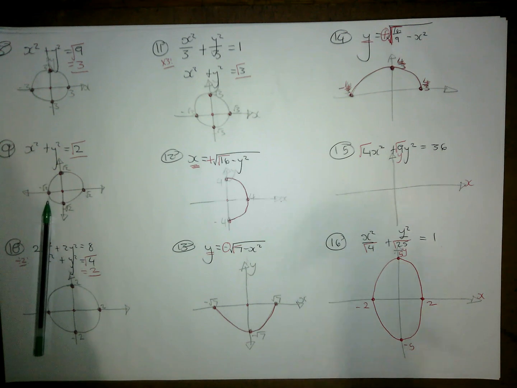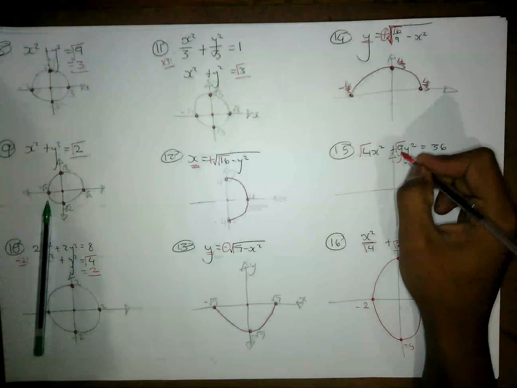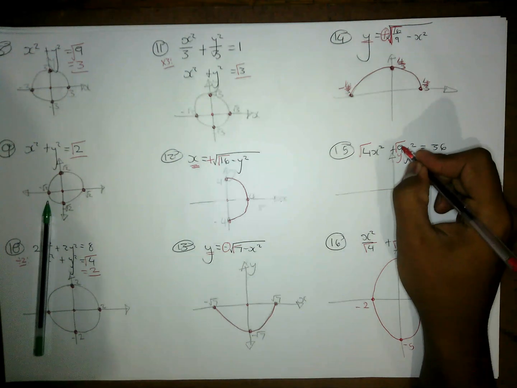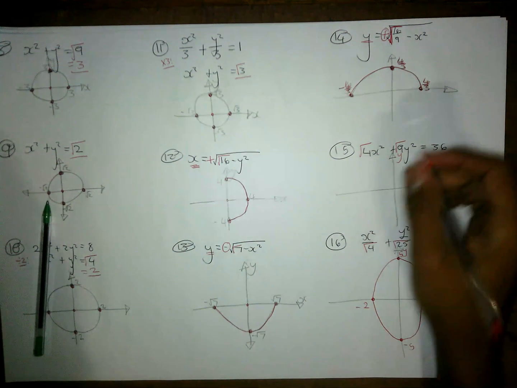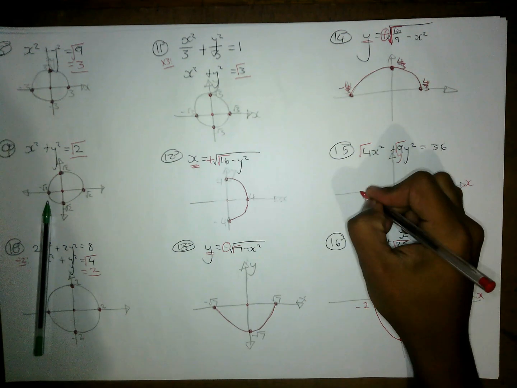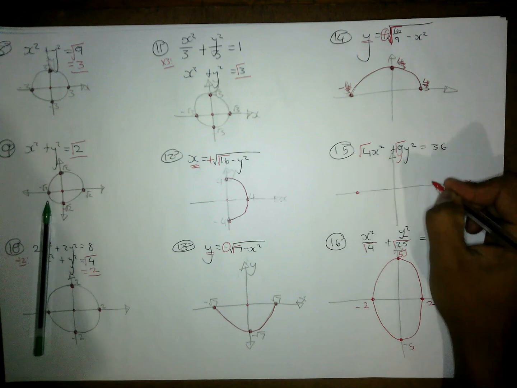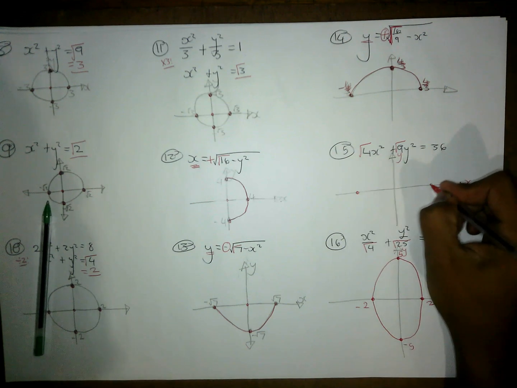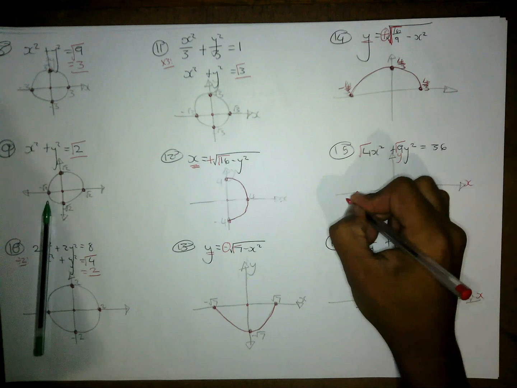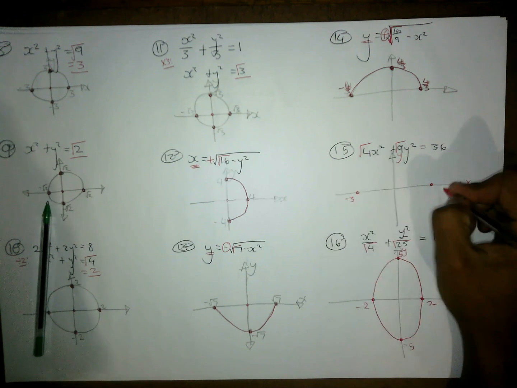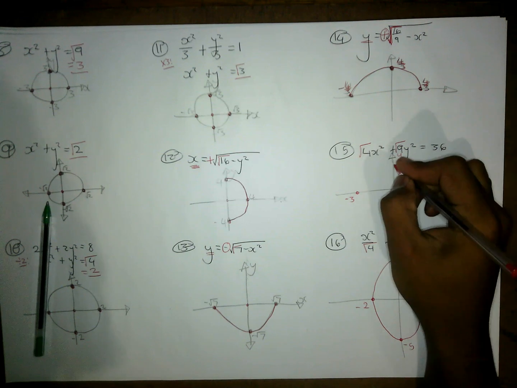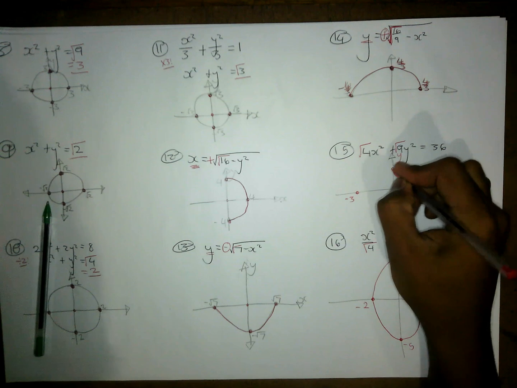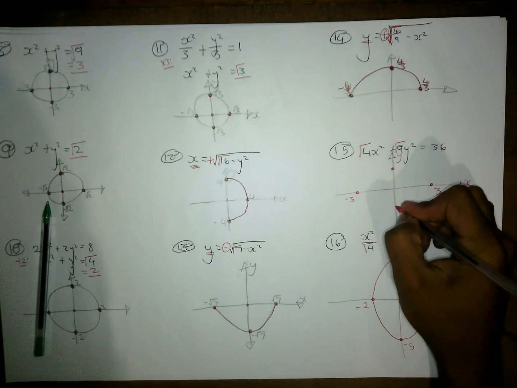What it is saying is that we square root this 9, it gives us a positive 3 and a negative 3. Basically, a 3. We plot that 3 on our x-axis. And then the square root of 4 is a 2, so we get a positive 2 and a negative 2.